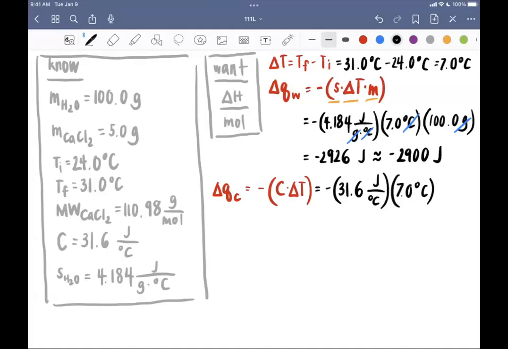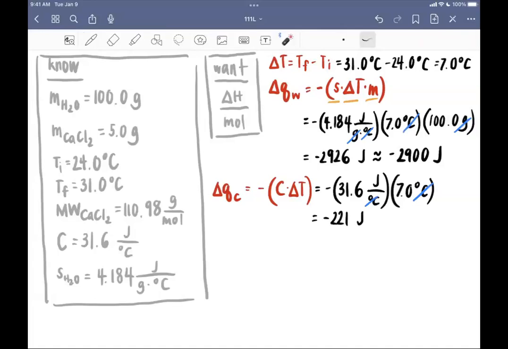So now we're going to indicate this math by making sure we cancel units first, degrees Celsius and degrees Celsius, so that we have our heat change associated with the calorimeter as 221 joules.